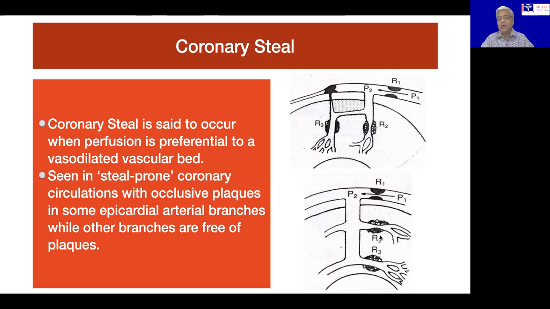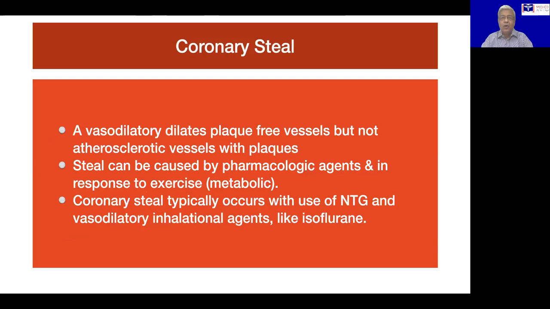Here the R is showing the resistance. So resistance in R3 is less than resistance in R2, and the blood will preferentially flow into the R3 branch. So what I said earlier was that the vasodilatory effect will dilate the plaque-free vessels, but not the atherosclerotic vessels with plaques.